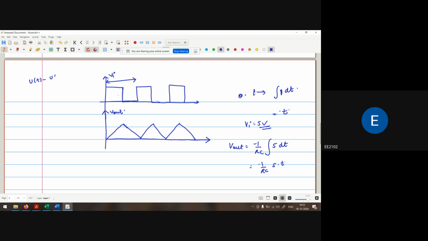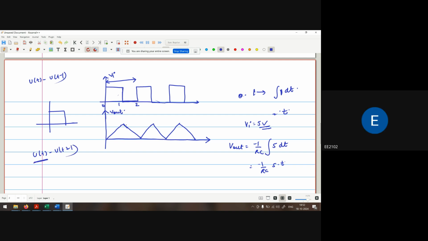It is u of t minus u of t minus 1, at 0, 1, 2. What is this one? This is u of t minus 1.